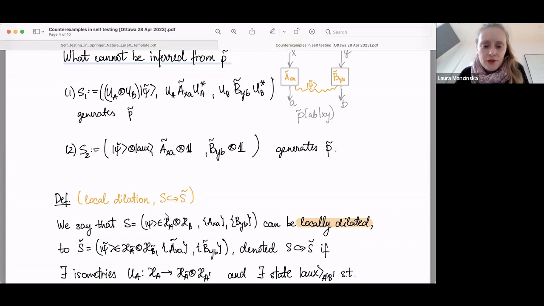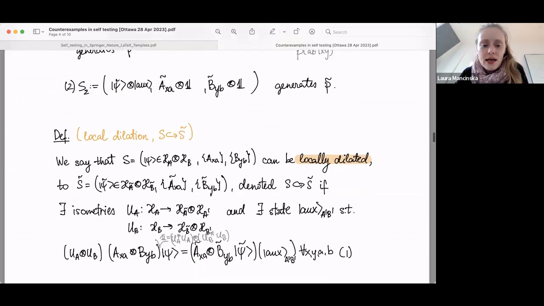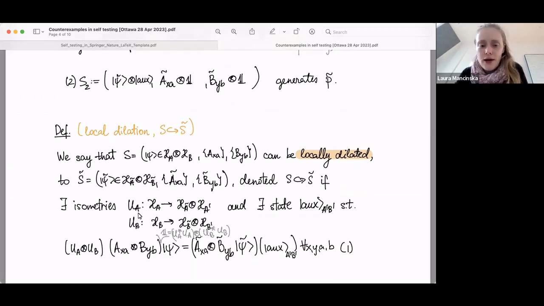Here we have two strategies that are triples, strategy S and S tilde, and we say that S can be locally dilated to S tilde, and we denote it via this arrow notation, if I can find two isometries, U_A and U_B, think of this as active on Alice, this active on Bob, so that if I apply my measurement operators from the strategy S onto the state, then up to this local isometry, it's the same as the action of these tilde operators on the tilde state, tensor some auxiliary state on which I'm acting trivially with identity.